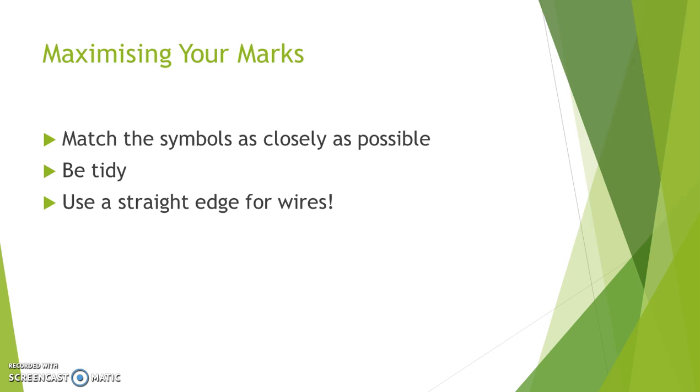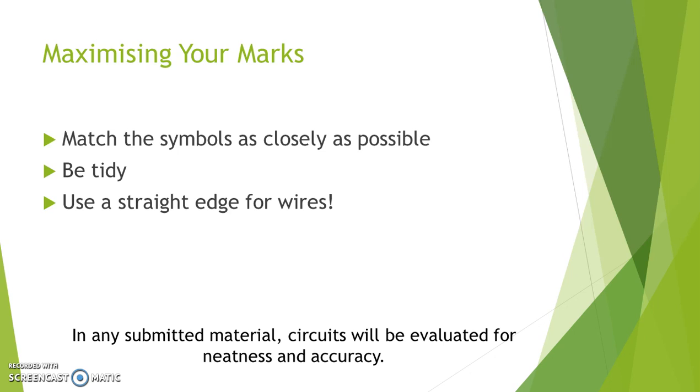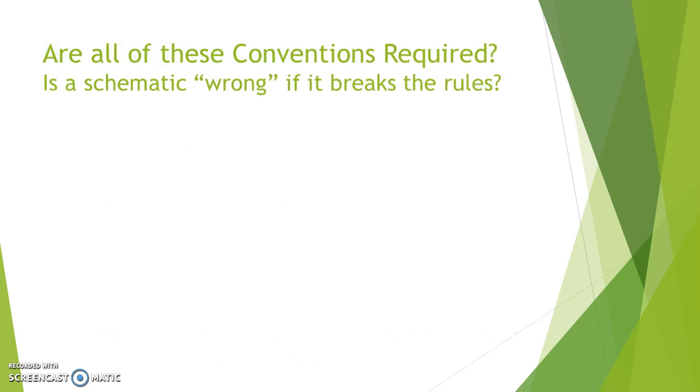So there will always be a half a mark for using straight lines. If you want to use your calculator or whatever, that's fine. You don't necessarily have to use a ruler, but be sure to use a straight edge for the wires. And to be clear, in any material that you submit for evaluation, an aspect of it will be neatness and accuracy. And this is simply because you're trying to communicate with your coworkers, and accuracy is a big deal. Neatness helps you to communicate well.